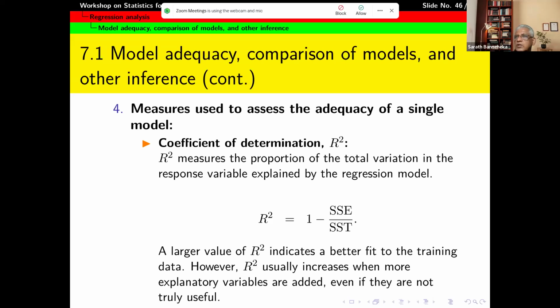Because what we want is a simple model with a small number of X variables explaining a large proportion of variation in Y, right? That's what we call the parsimony principle. So we want to get a parsimonious model. Because remember, when you are using these models to predict Y, for example, if you need a large number of X variables, it's going to be very costly to predict, right?